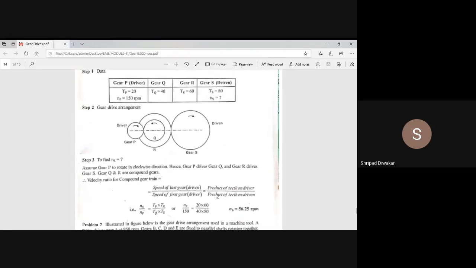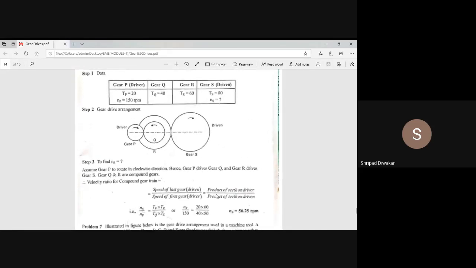Our aim is to find out the speed of the last gear. So what is the formula? You have to write NS divided by NP equals TP into TR divided by TQ into TS.